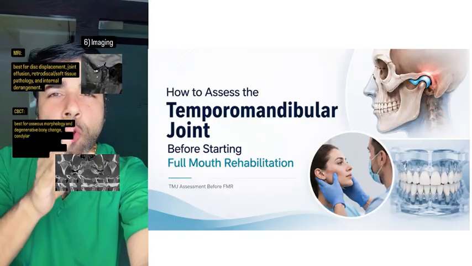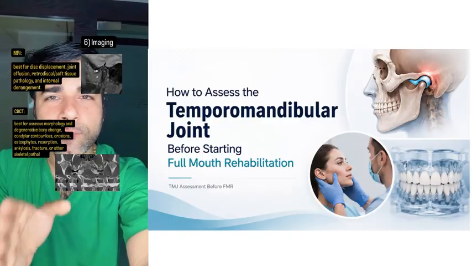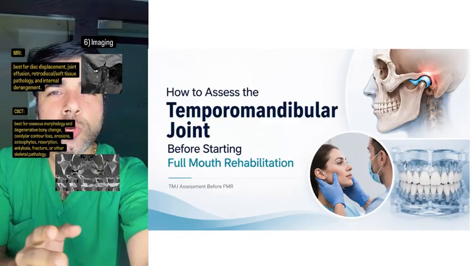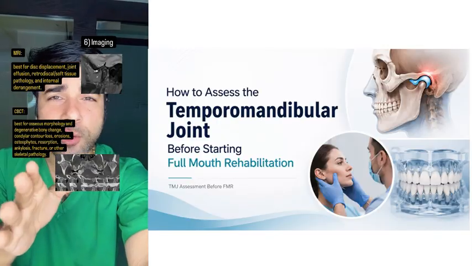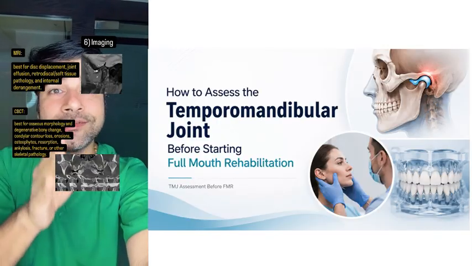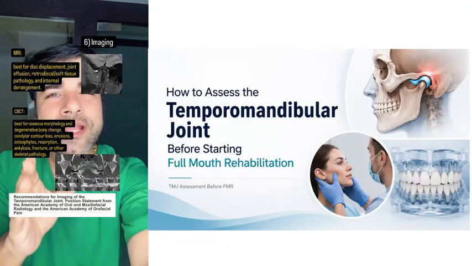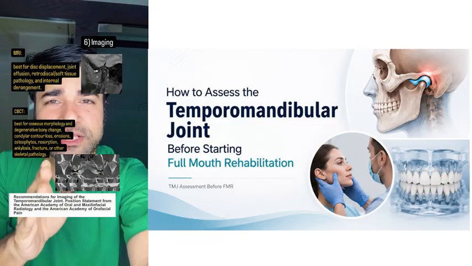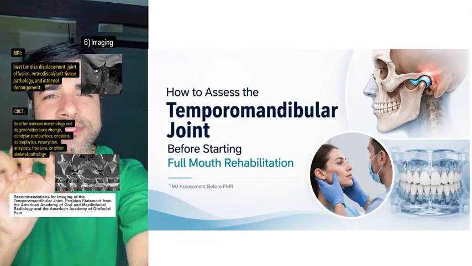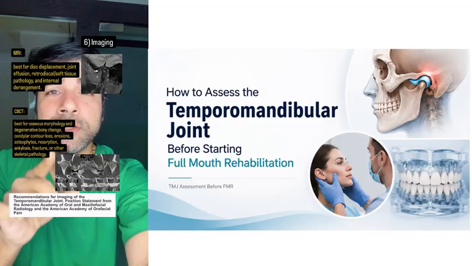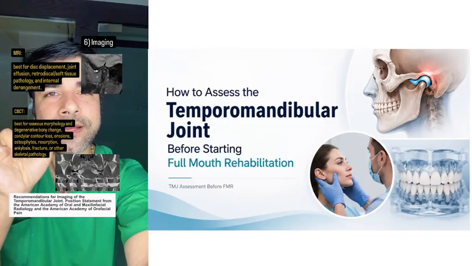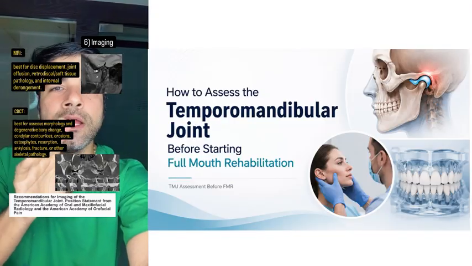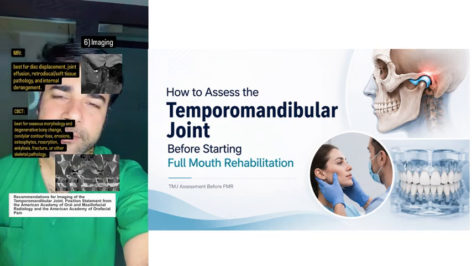CBCT is best for osseous morphology and degenerative bony changes: condylar contour loss, erosion, osteophytes, resorption, ankylosis, fracture or other skeletal pathology. The 2023 AAOMR imaging recommendations specifically emphasize that TMJ imaging prescription should be based on the patient's complaint, history and clinical findings, and not routinely ordered for every patient.